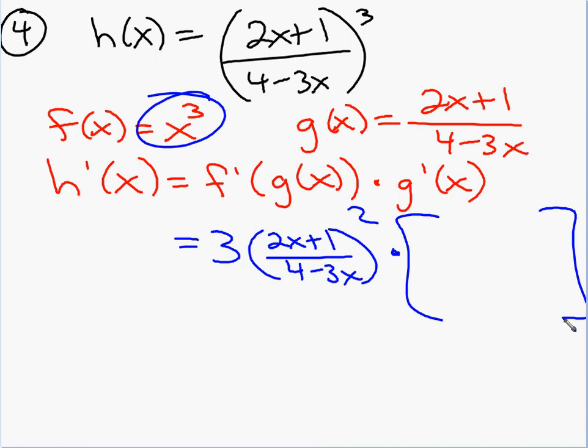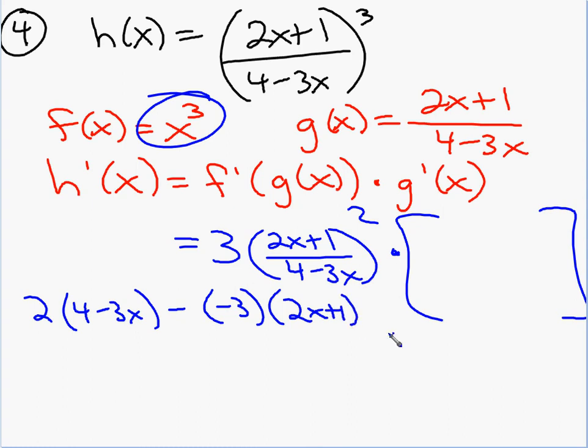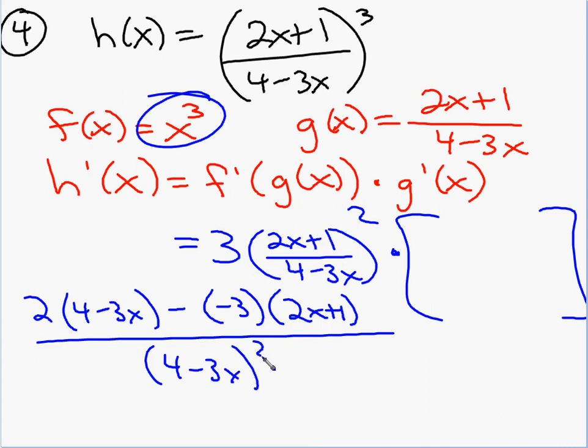The quotient rule says that I'm going to do the derivative of the top, which is 2, times the bottom the way it is, minus the derivative of the bottom, which is negative 3, times the top the way it is, all over the bottom squared. So this little numerator is going to become 8 minus 6x, and this is a positive 3 here.